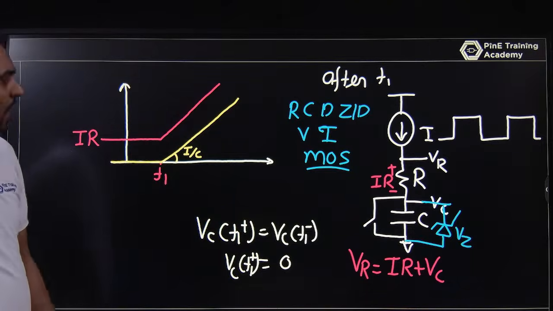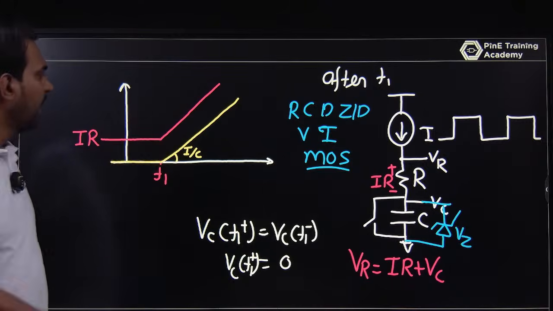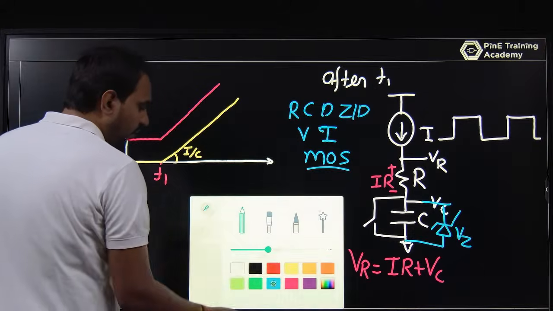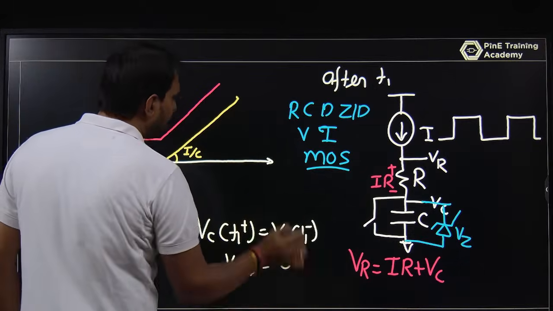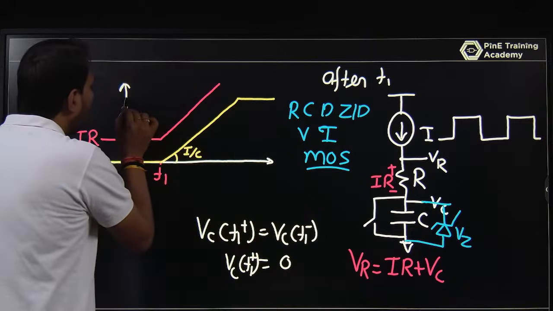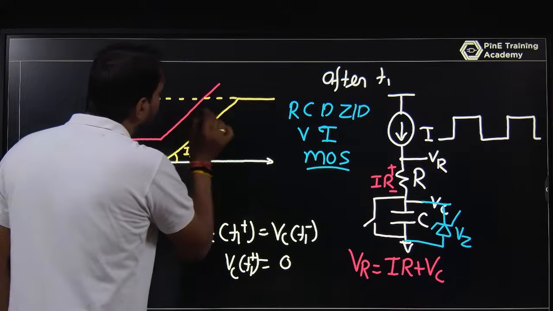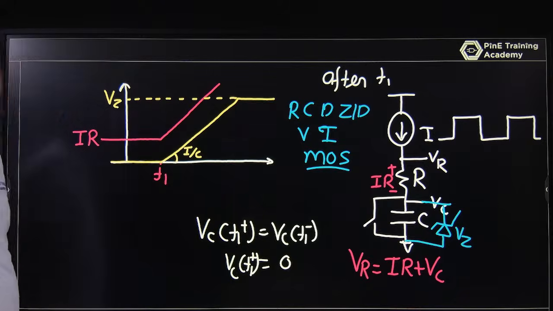Let me think in a way, okay, I want that the capacitor voltage would be constant after this value. Let this be your Vz. I want that it will be constant. You can use a Zener diode voltage.